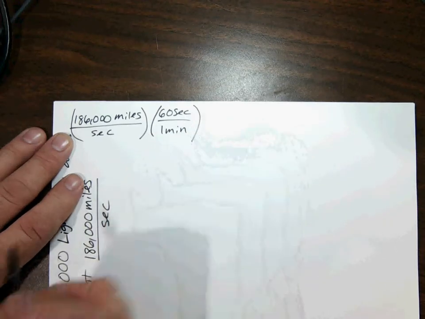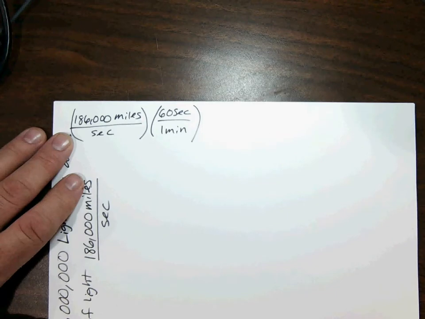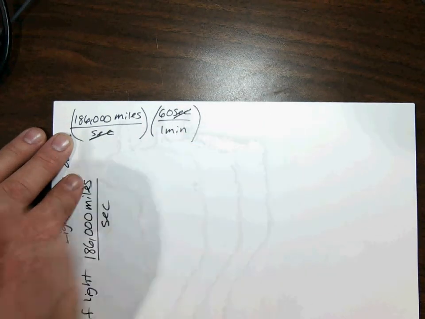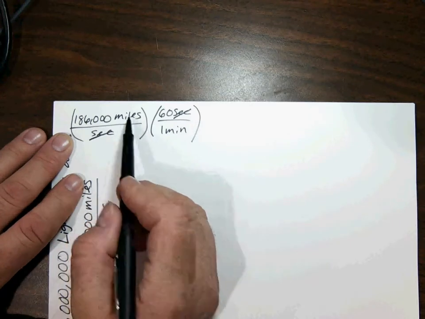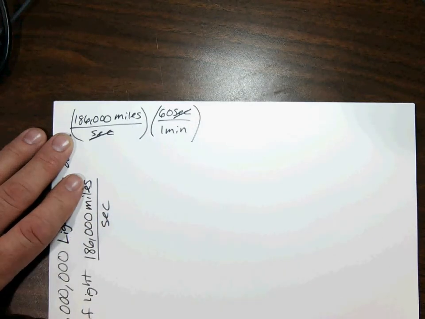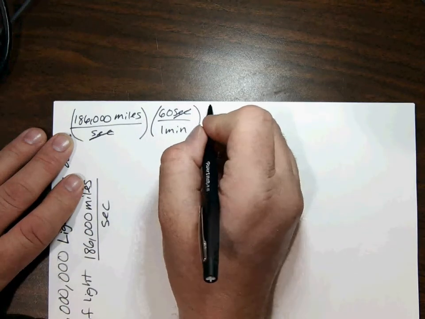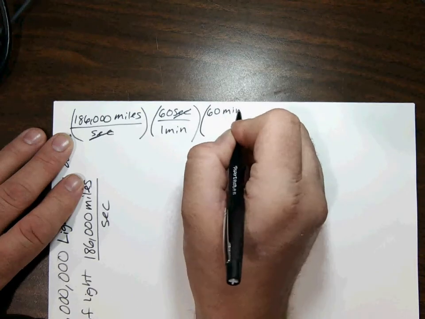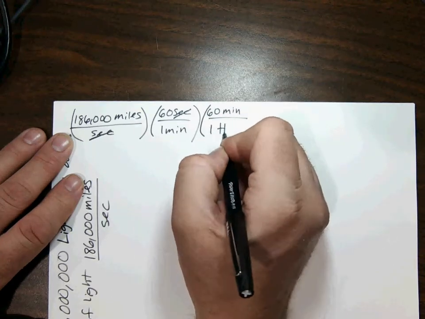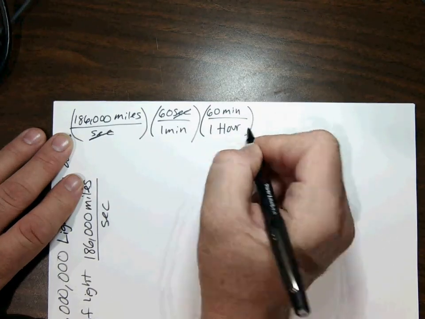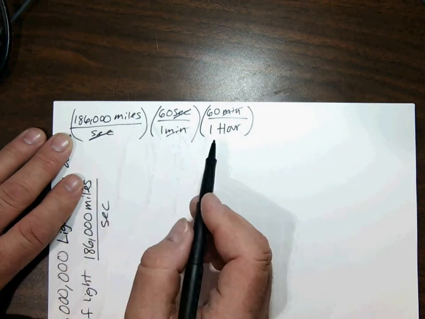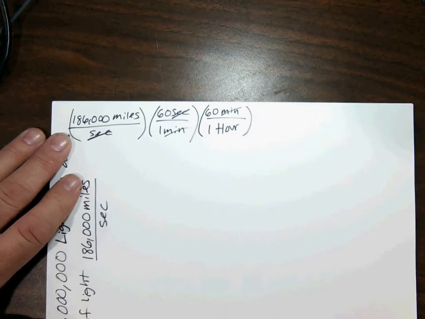So if I multiply that number by 60, my units cancel. That's why I'm doing this, to show you how units cancel. The seconds cancel, and now I'm going to have miles traveled in 1 minute. If I do the same thing again, because I know there's 60 minutes in 1 hour, now the minutes cancel, and I'm going to be left with miles per hour.